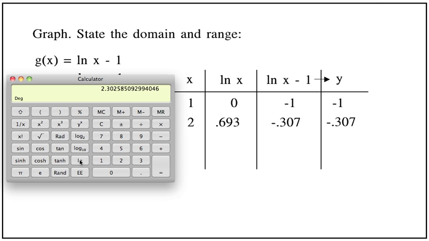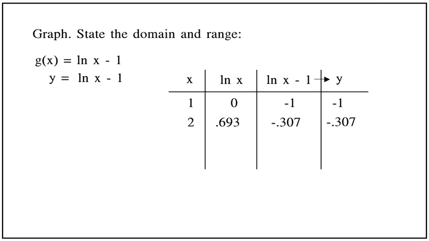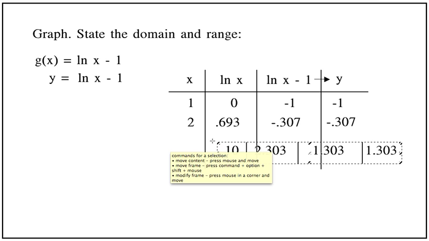And I would get a number that never ends and never repeats, so I'm going to have to truncate it. I believe I rounded this to the thousandths, so I'm going to have in the ln x column here 2.303. And then I would subtract 1 from that, and I would have 1.303, and that of course is my y. So let me drag that line of code in right here. This was for x is equal to 10.